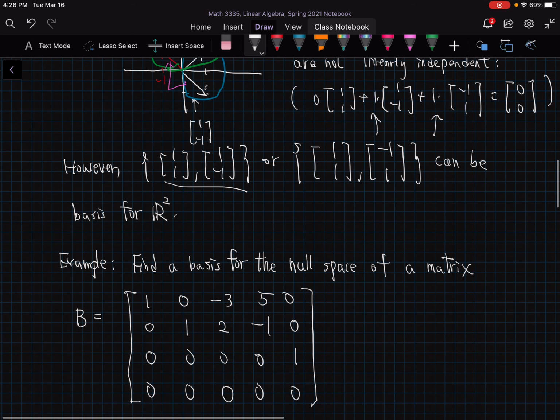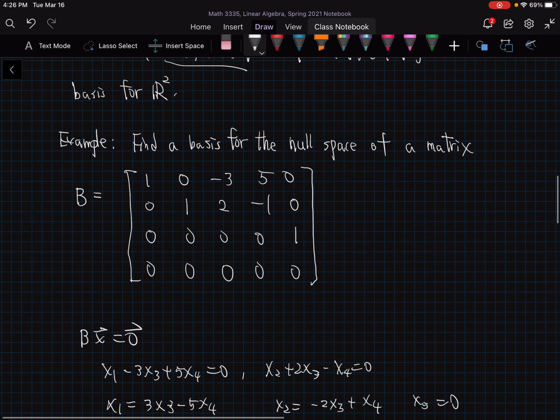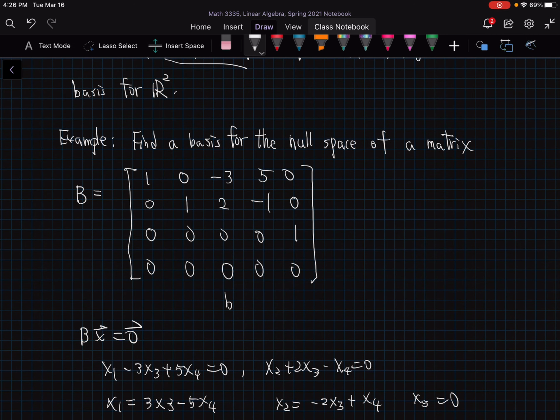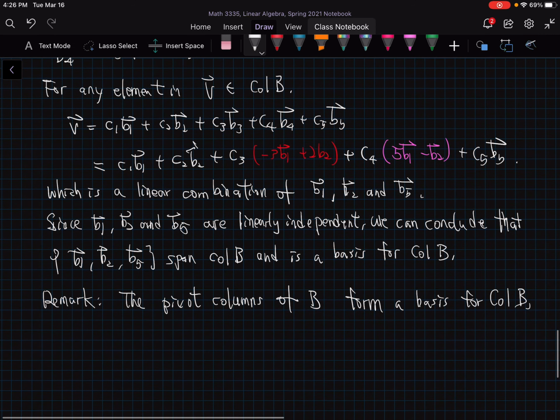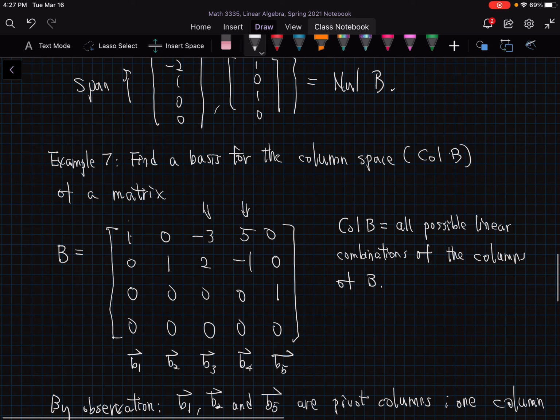The null space comes from x3 and x4 because B3 and B4 do not have pivots. So the number of elements of the basis for the null space, which is 2, these 2 vectors right there, and the number of elements of the basis for the column space, which is 3, B1, B2, B5, added together is the total number of columns you have, which is 5.